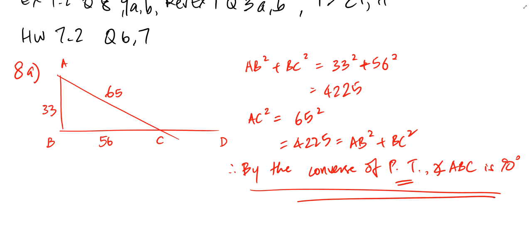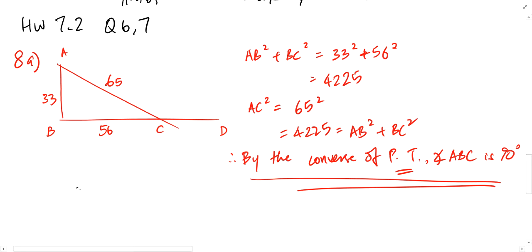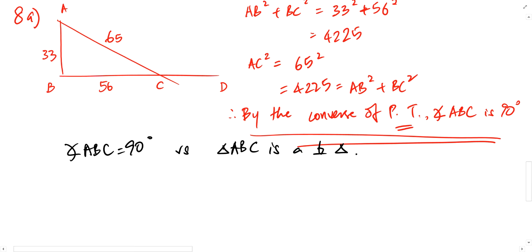I want you to be clear, there's a difference between saying that angle ABC is 90 degrees versus triangle ABC is a right angle triangle. Let me put it down in words. What is the difference? If triangle ABC is a right angle triangle, the right angle may be ABC equals 90 degrees.